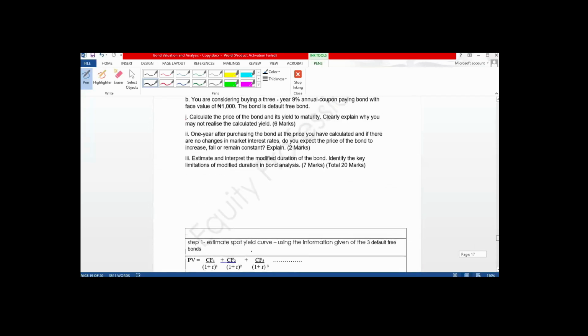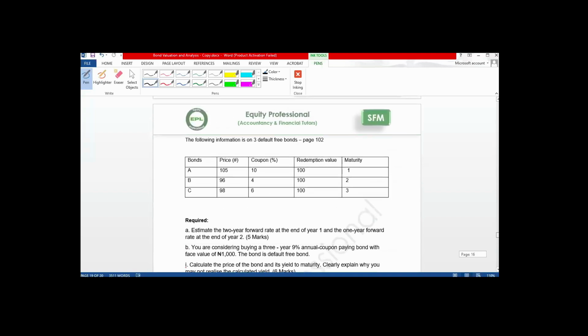Look at it, please. The following information is on 3 default-free bonds. We have the price, the coupon, the redemption, the maturity. We are not given the spot rates.